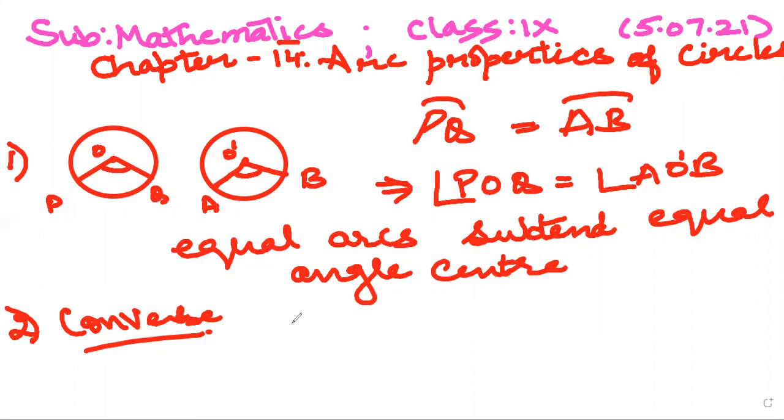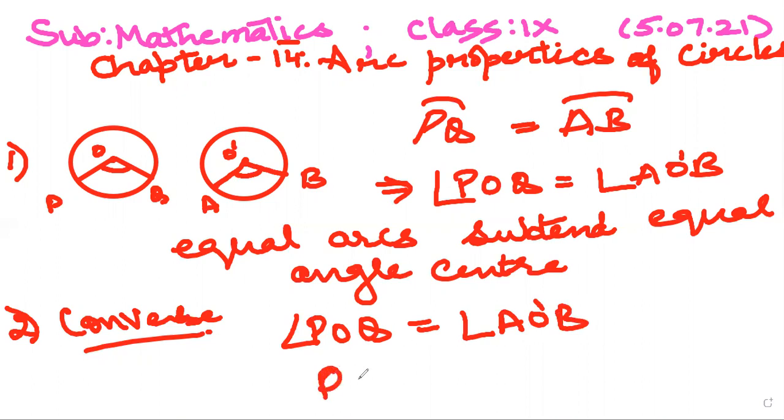If angle POQ is equal to angle AO'B, then your arcs are equal. So you can say that arc PQ is equal to arc AB. And we are just talking about equal circles. Equal circles means circles whose radii are equal.